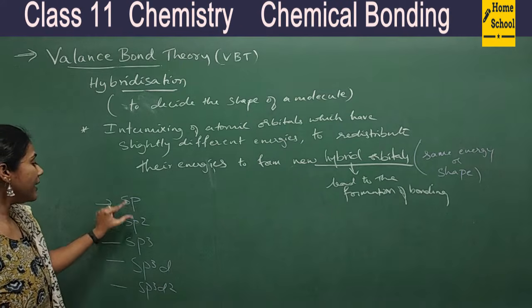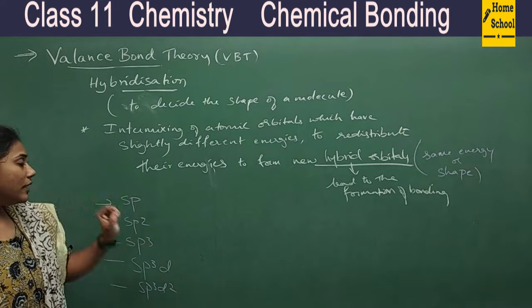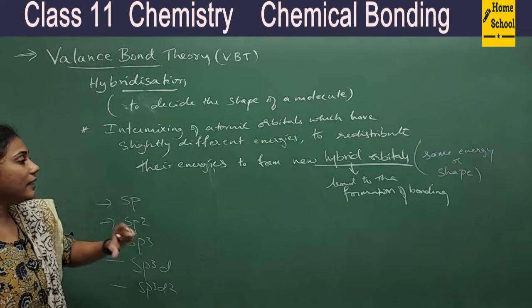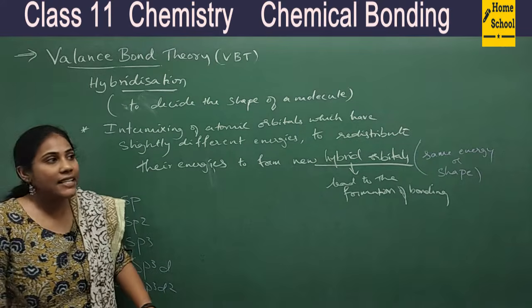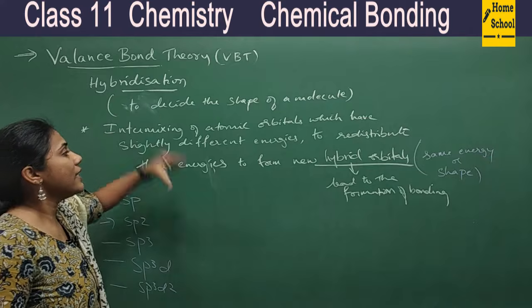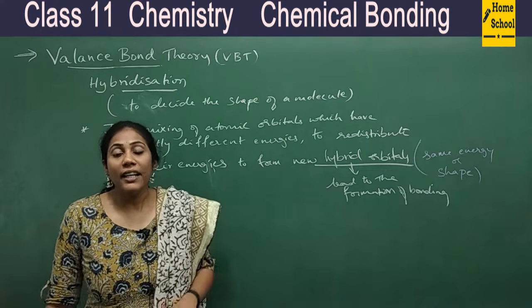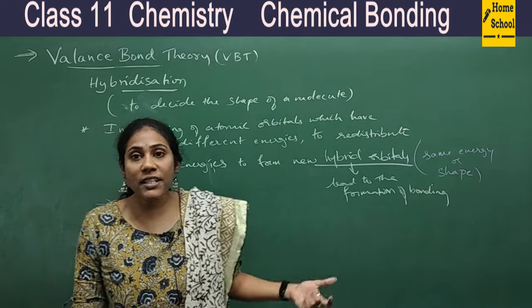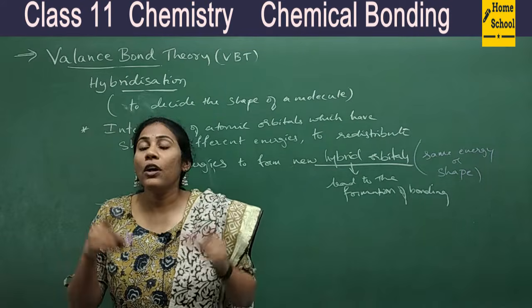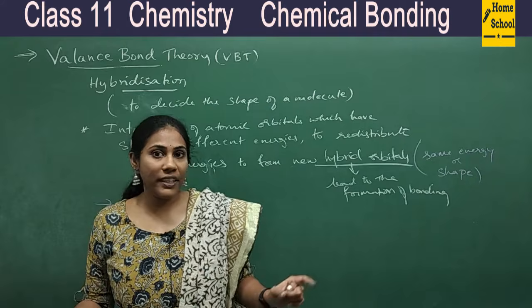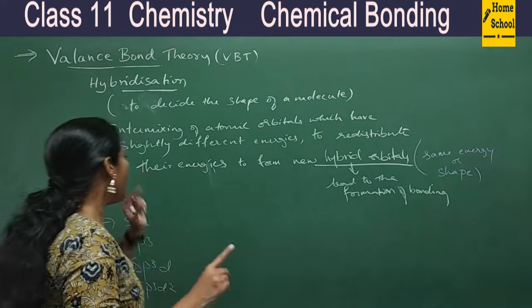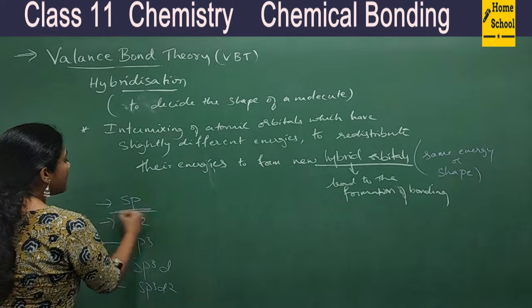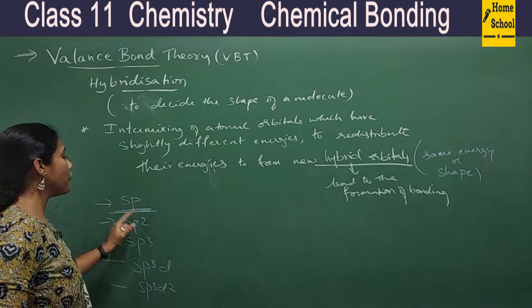Let us understand each and every one in a detailed way, so that in the process you will understand why this hybridization and what this hybridization actually is. And I'll be telling you in between what the conditions are that you need to follow during hybridization.